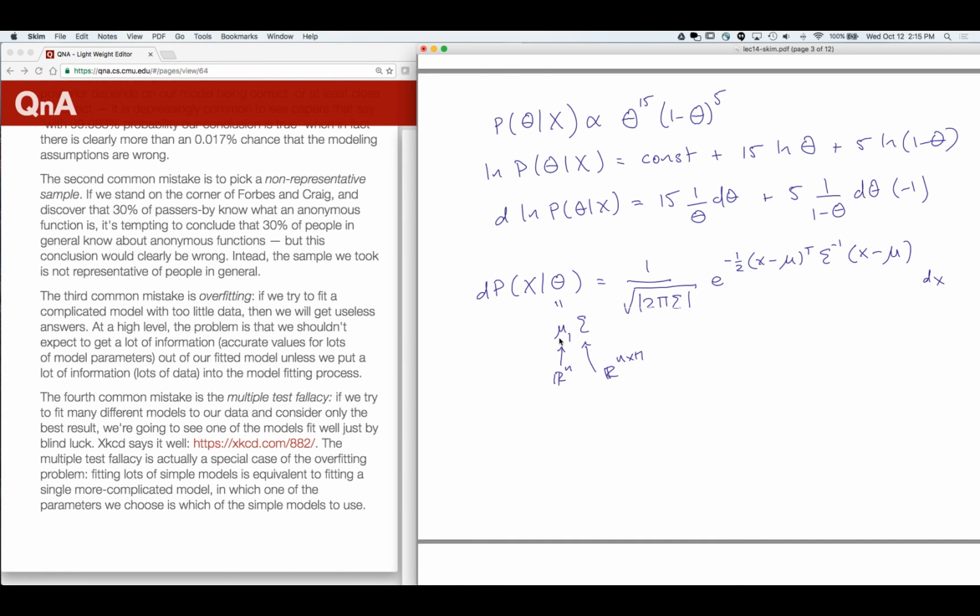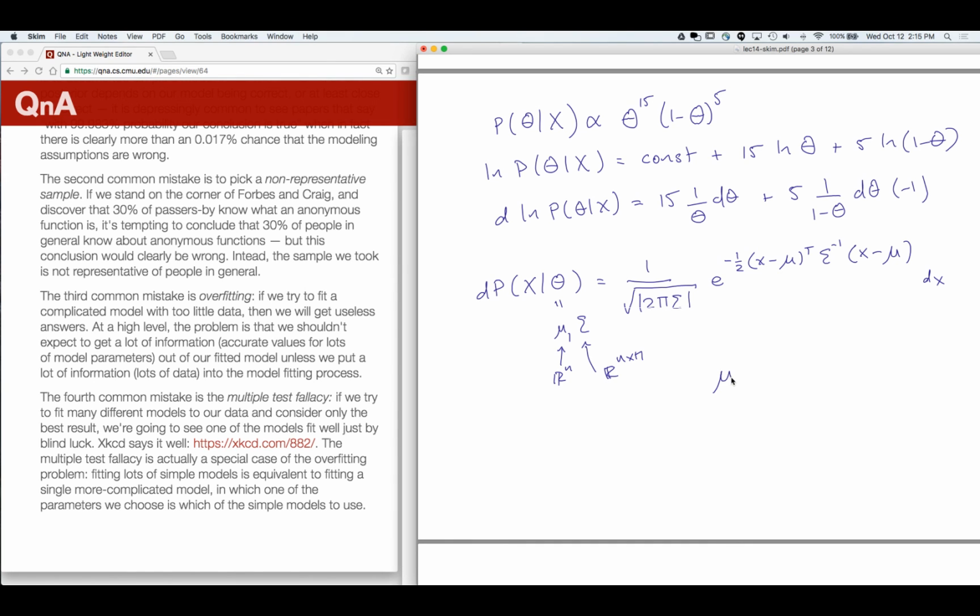That's not, by the way, obvious, but if you go through the appropriate proof, you can prove that mu winds up being the mean of x, and sigma winds up being the covariance. Now, I'm going to do two transformations. One is I'm going to fix mu to 0.